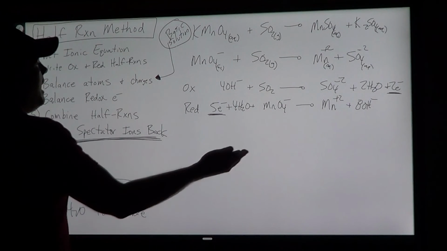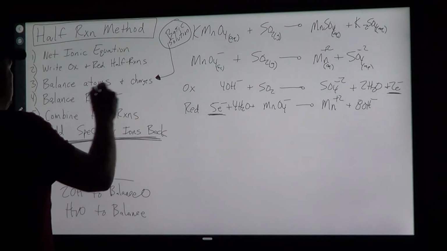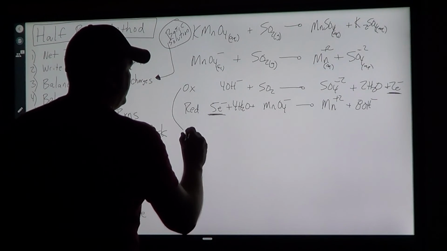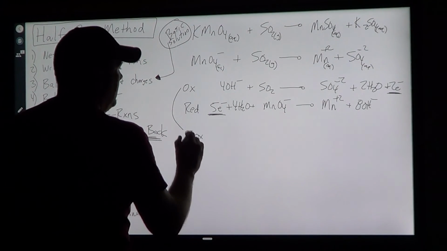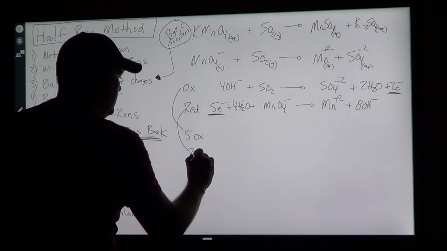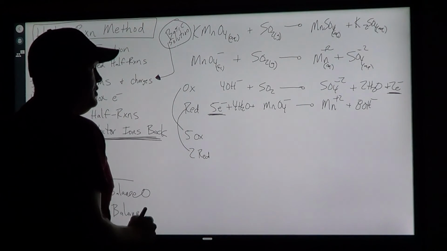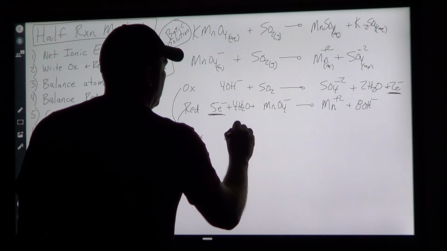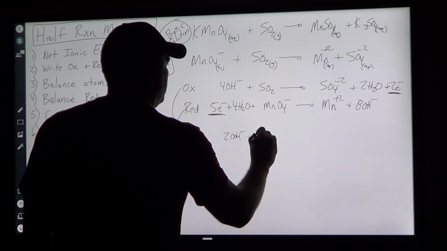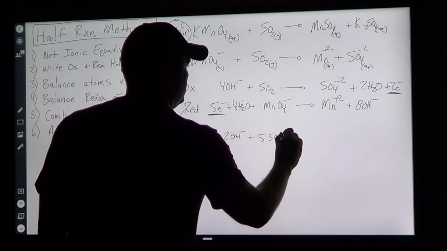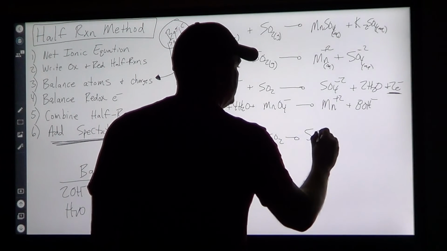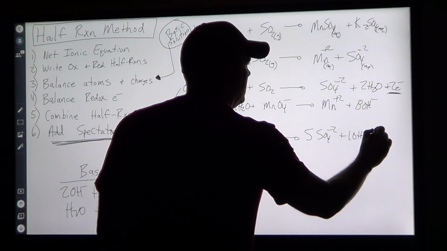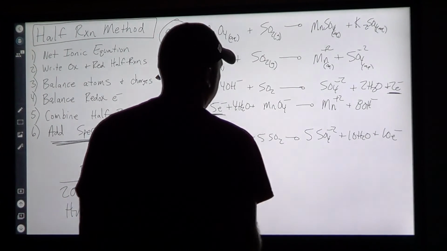Okay? Which is why we, when we do step 4, need to multiply the oxidation by 5 again, and we need to multiply the reduction by 2. So now we have 20 OHs plus 5 SO2s makes 5 SO4s plus 10 waters plus 10 electrons.